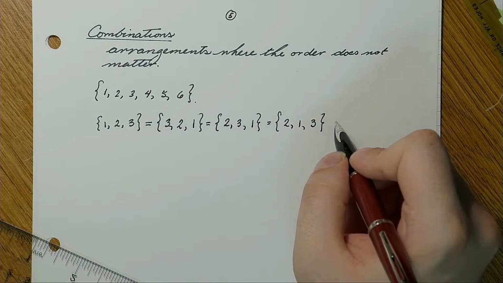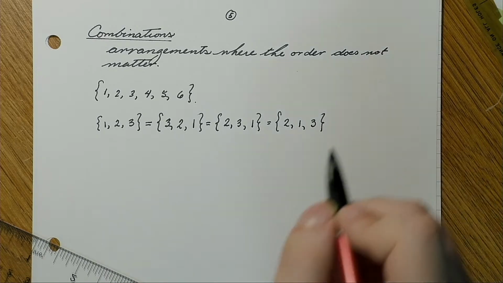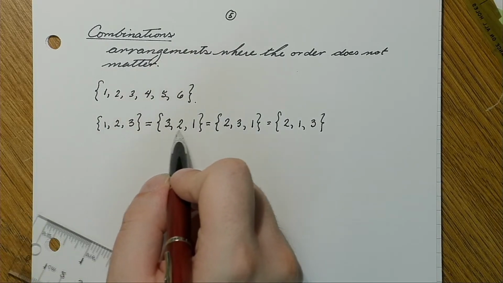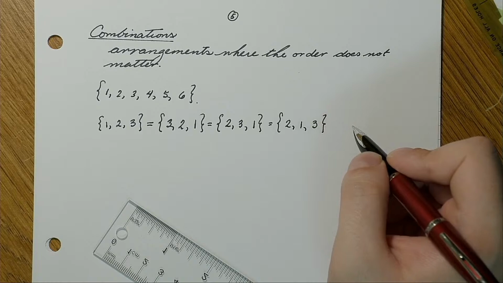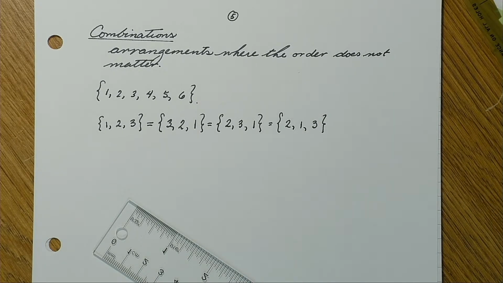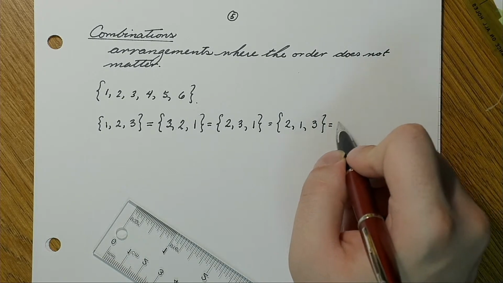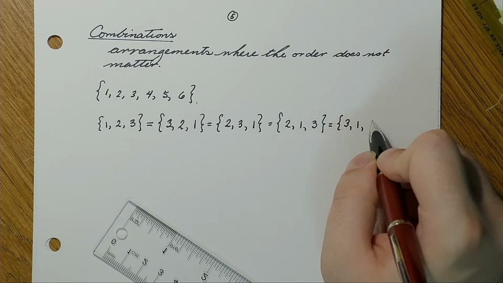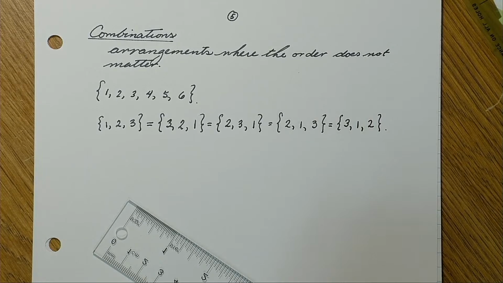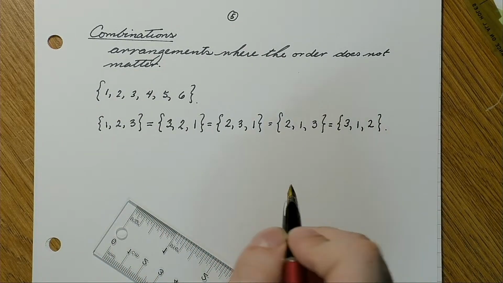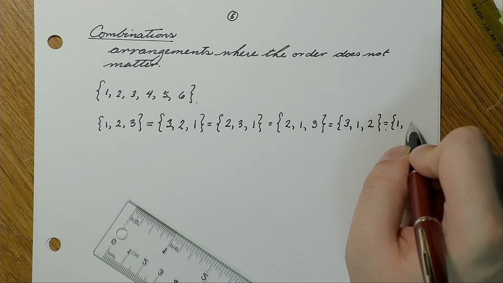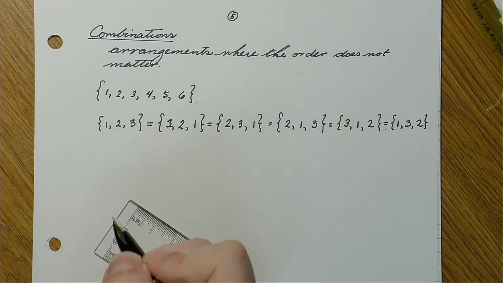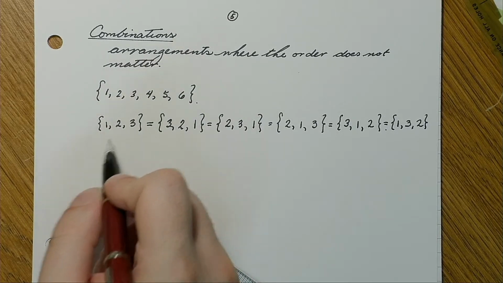Did I get all the sets in there? 1, 2, 3; 3, 2, 1; 2, 3, 1; 2, 1, 3; 1, 3, 2; and 3, 1, 2.